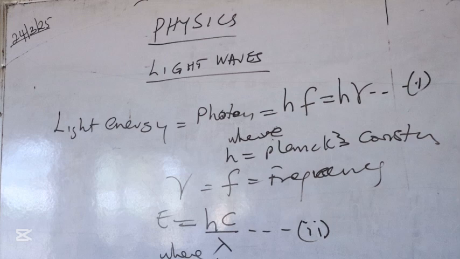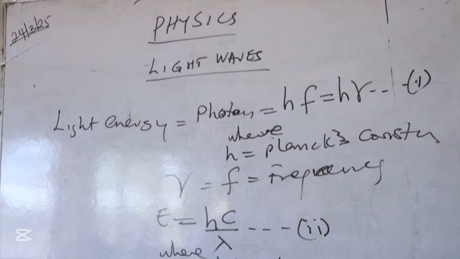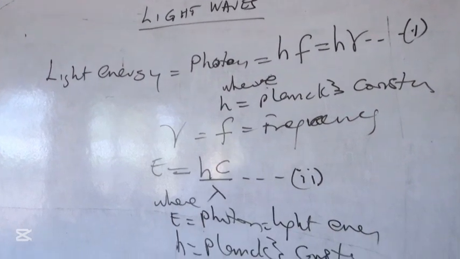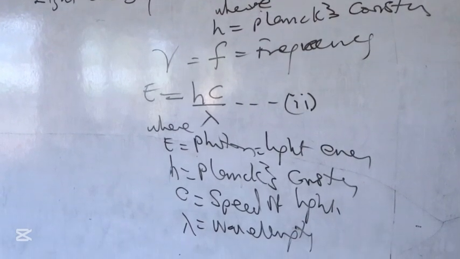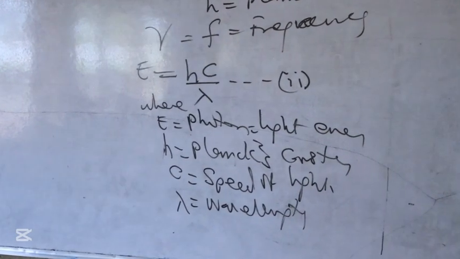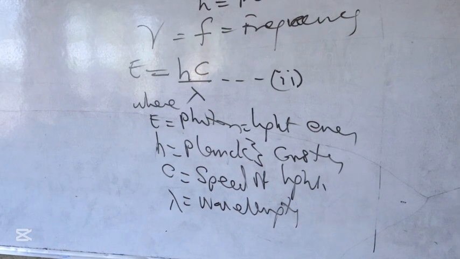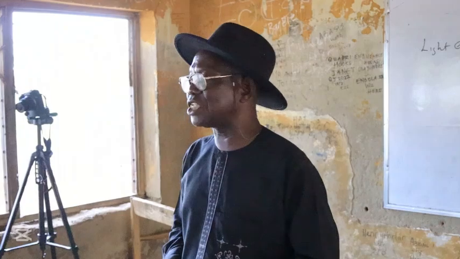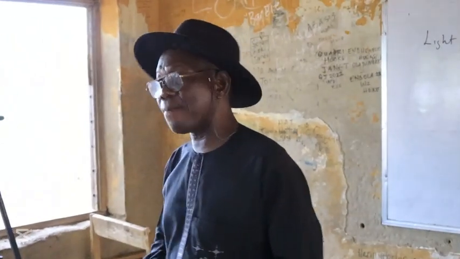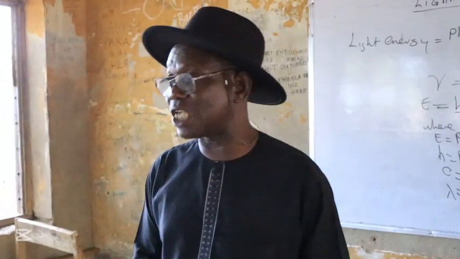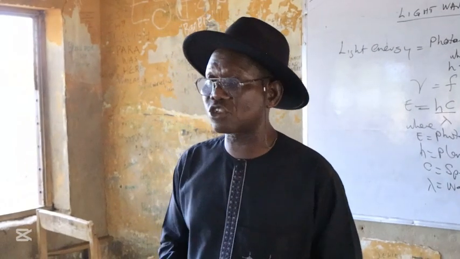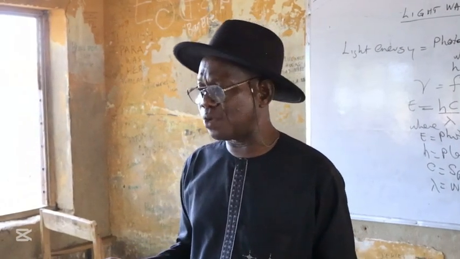You may not see anything. Something has to carry that light energy. What carries the light energy from the source to your eyes is called light waves. The path light energy takes is called rays of light. Am I communicating? Yes, sir.